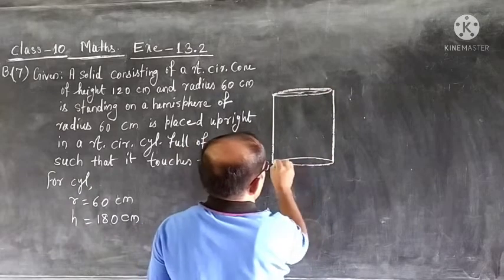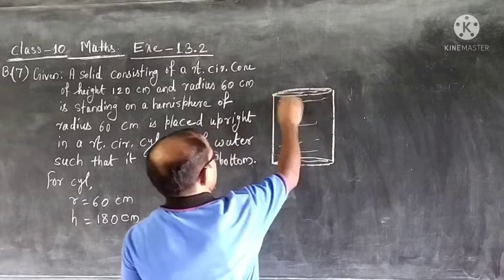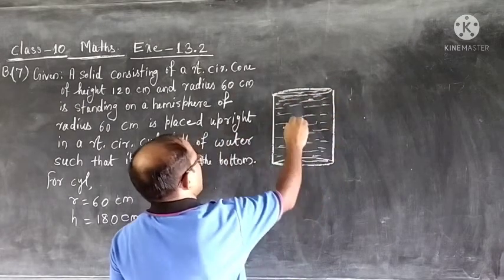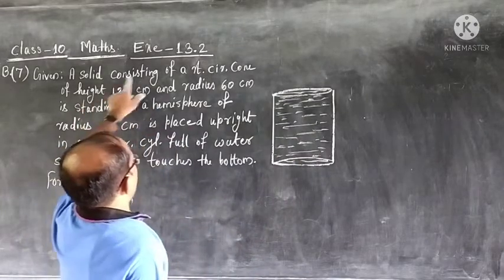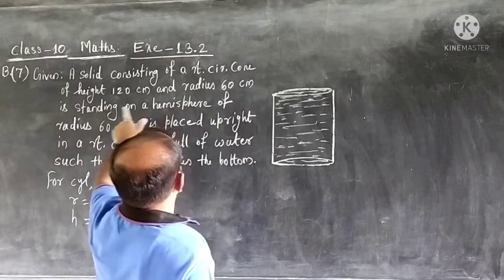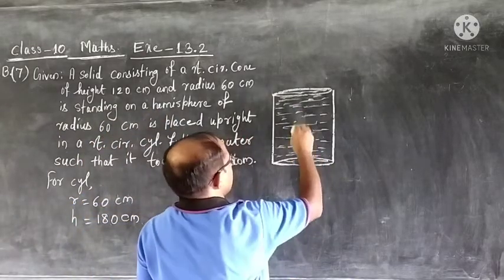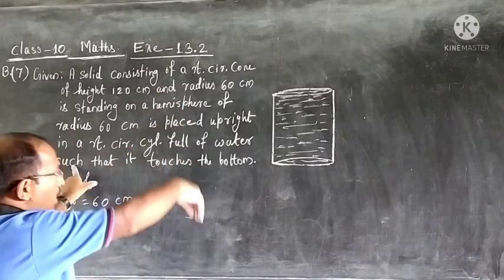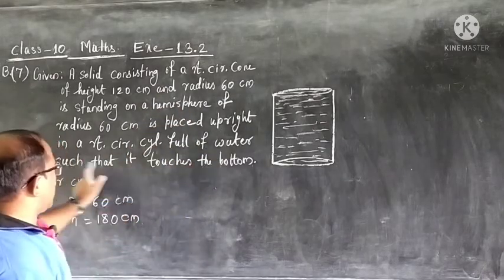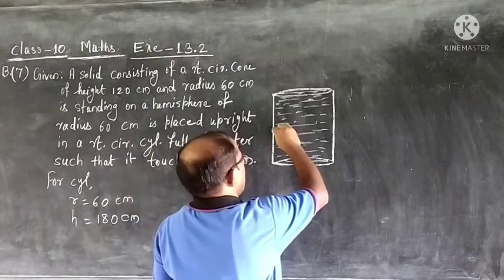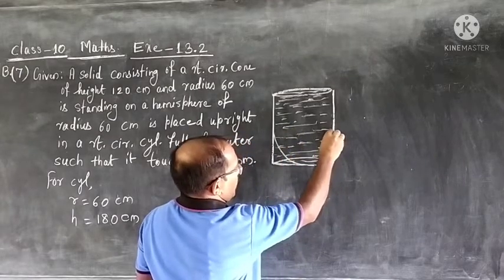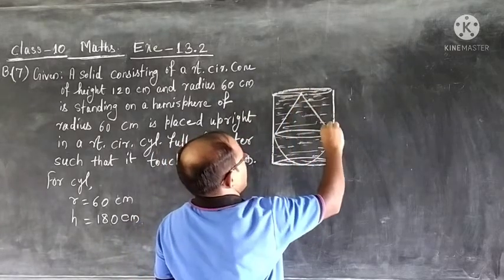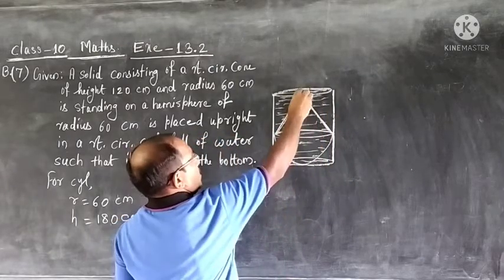Then the other solid mentioned at the beginning of the question, a right circular cone standing on a hemisphere, is placed upright in the cylinder full of water such that it touches the bottom. The hemisphere touches the bottom, and the cone is above it. This way it is placed in the cylinder.